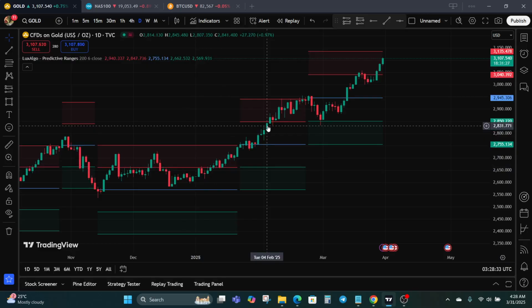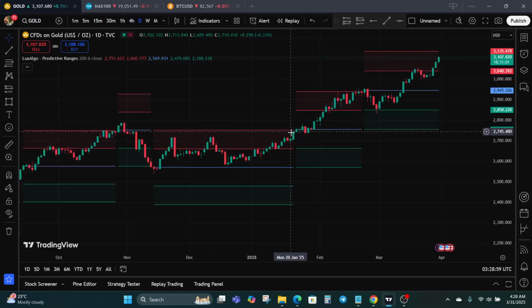Okay. Now, identifying these zones manually can be frustrating and, let's be honest, inaccurate at times, right? So that's where the predictive ranges indicator steps in. Okay, so how does this indicator actually work? The indicator automatically detects high probability support and resistance zones, as you can see on the chart, and this eliminates the need for manual analysis.